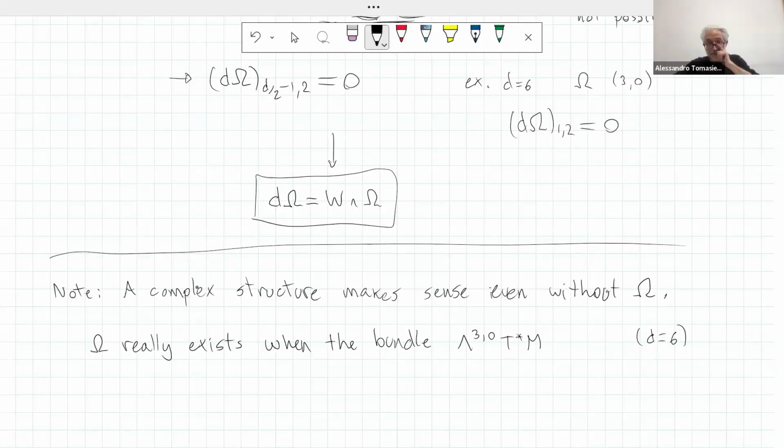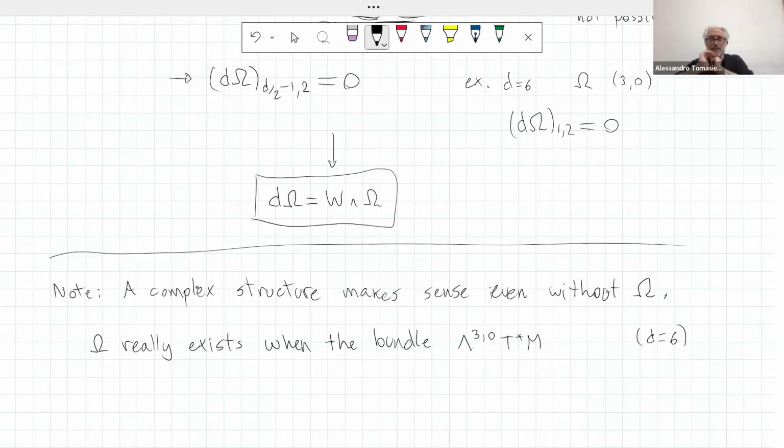And it turns out that there is only one up to complex rescaling. So there is only one such form at every point. So this is a bundle which is called the line bundle, whose fiber is C star. This is the very last thing I mentioned at the end of the previous lecture.